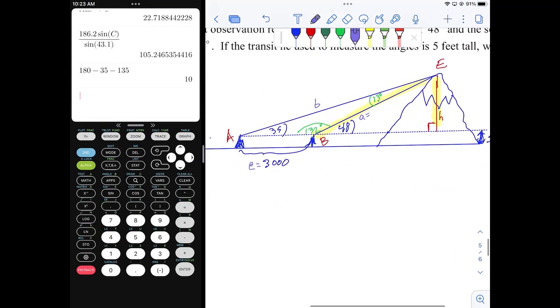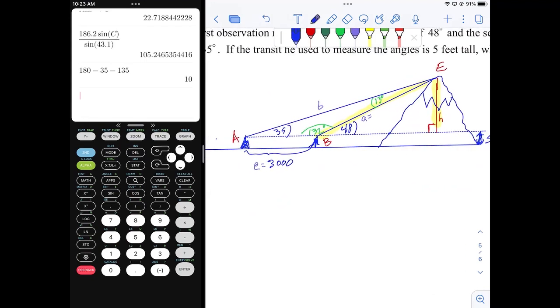All right, let's go ahead and set it up. We want a side length, so we'll do a all over sine of 135, no, sine of 35. We're doing that obtuse triangle. Equals 3,000 all over sine of 13. We're working with this guy right here.